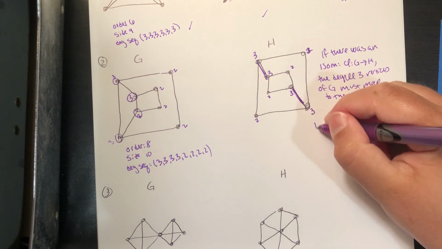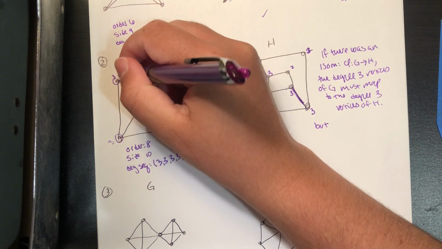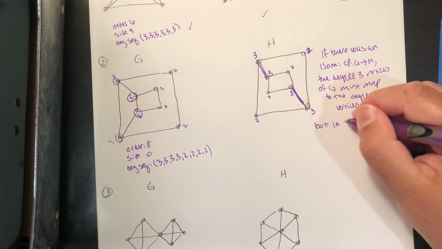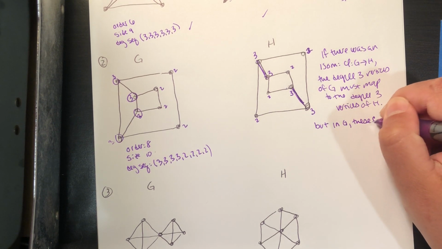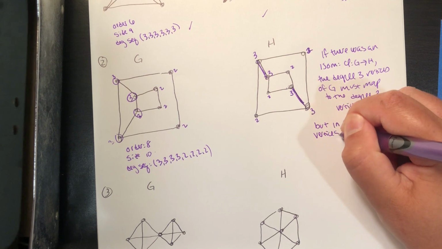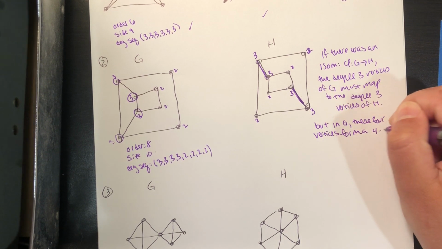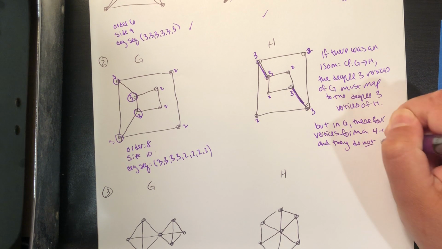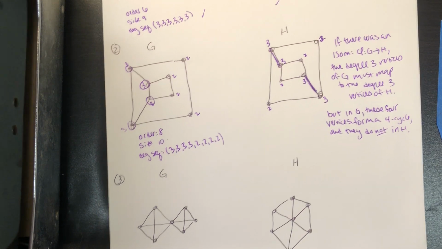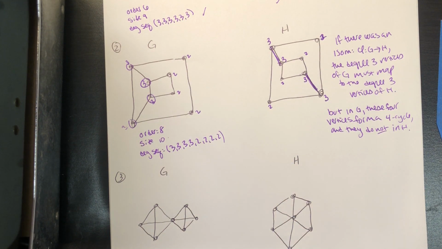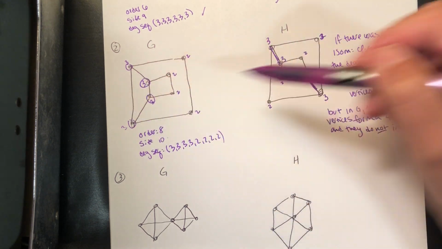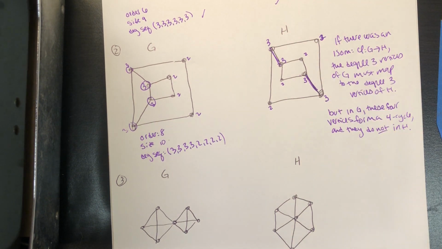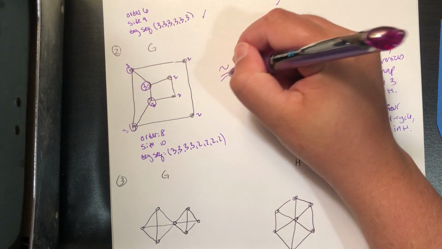But the problem is these 4 vertices here form a 4 cycle in G, and they do not in H. So there's no way that that isomorphism could actually preserve the edge relation, because you'd have to have these 4 edges making a cycle, and you don't even have 4 edges between them here. So this could not actually be an isomorphism. It's a contradiction, and so G is not going to be isomorphic to H here either.